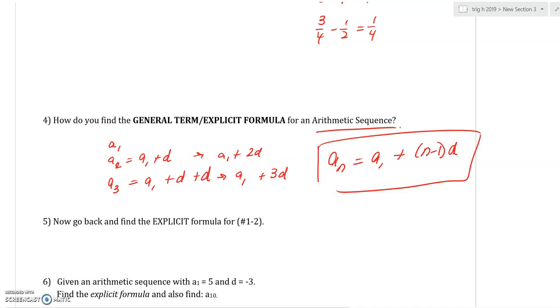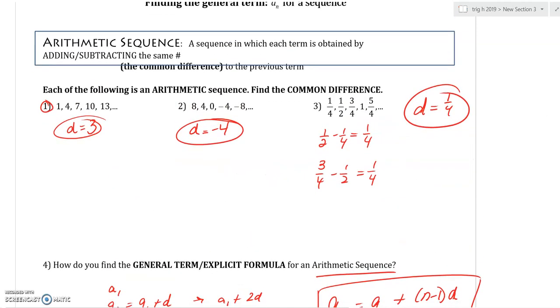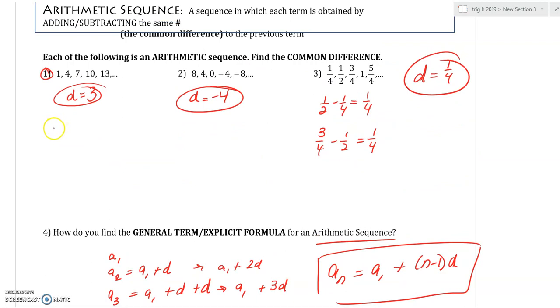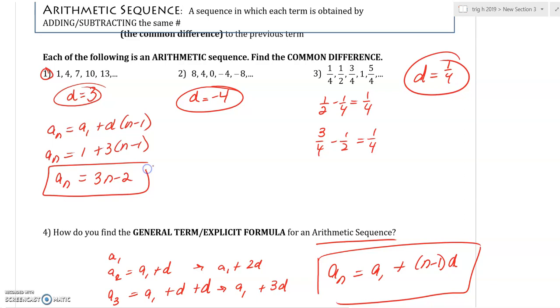Okay, so if we wanted to go back now and figure out what a rule would be to describe the first one, you could say, well, a sub n is a sub 1 plus d times n minus 1. So you end up with the first term plus the common difference times n minus 1. So this is a rule that will give you any term in the sequence. And again, it's called explicit because if I wanted the 100th term, for example, I would just put 100 in for n.